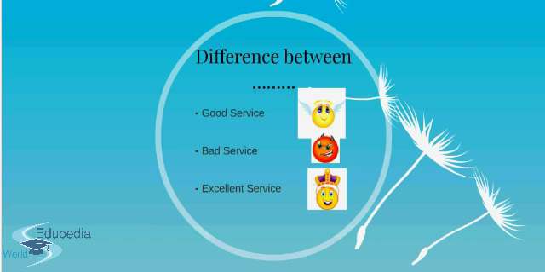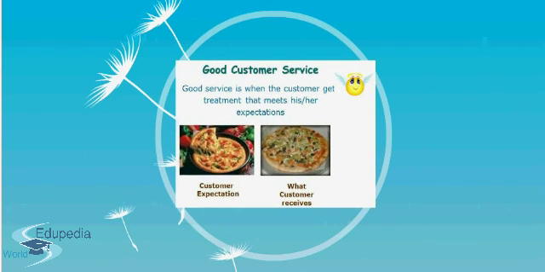We'll try to understand the differentiation between these three things through an example. As far as good customer service is concerned, it is when the customer gets the treatment that he or she was expecting. I was expecting a hot, crispy pizza with a lot of cheese topping, and I got that. I'm happy, I'm okay, I'm satisfied. And that will qualify as good customer service.